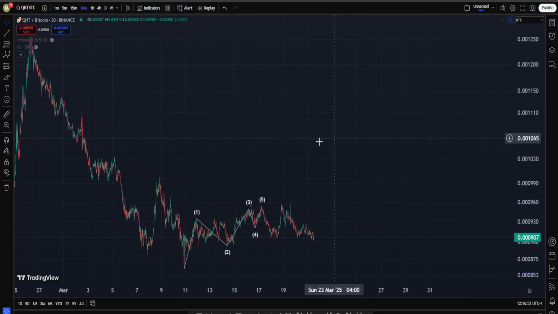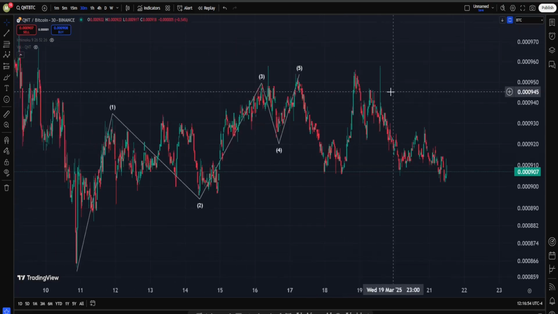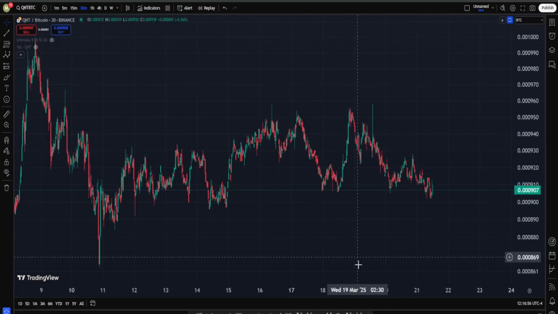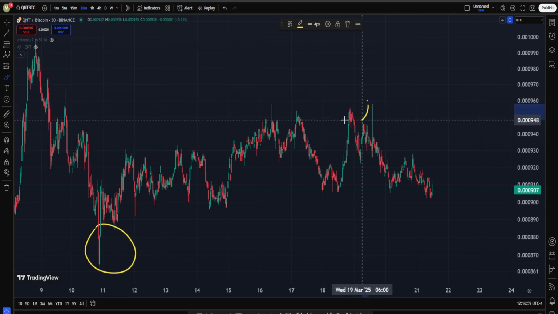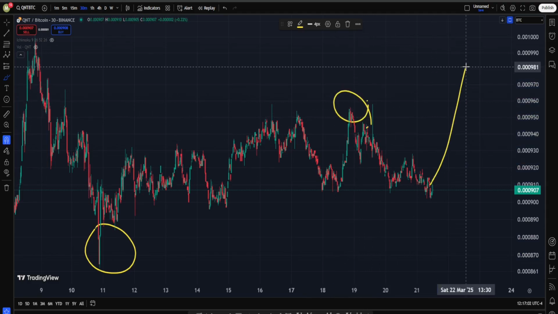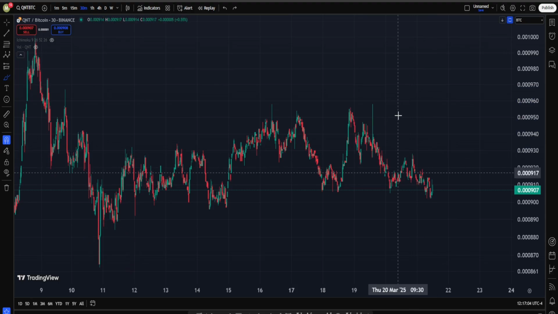My primary case suggests that this is a correction structure on the upside starting from here and probably ending at about this point, or maybe even a bit higher. It's not really that important.